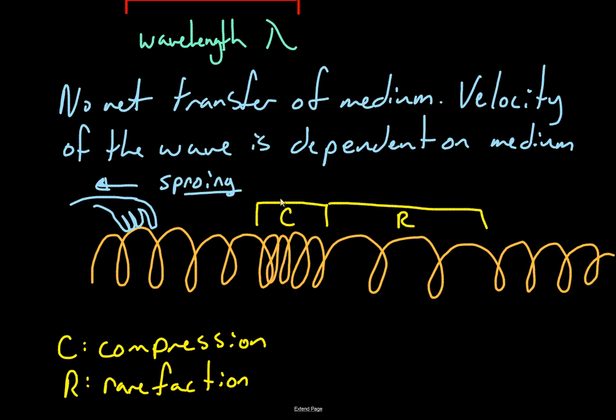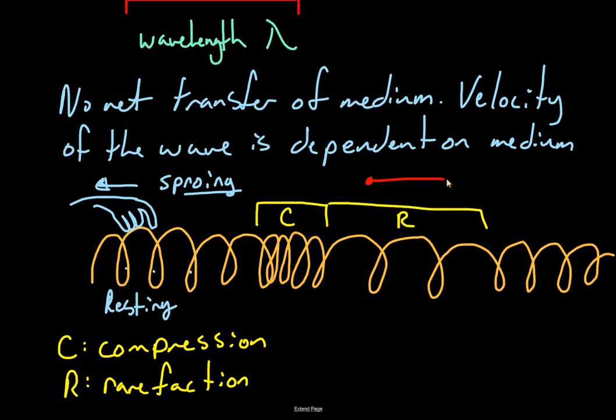Right, so here's your resting medium. I try to draw these all at equal distance. This is your compression, and then your rarefaction is spread out more. So if you were to pull this back and release it, you'd rarefy in front and compress behind, and then that spring would go the length of the spring.